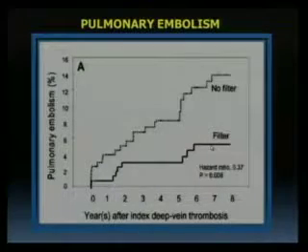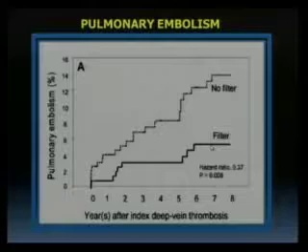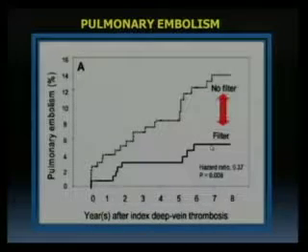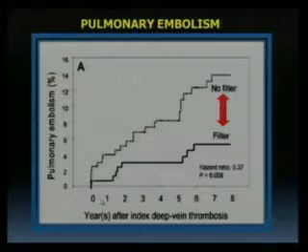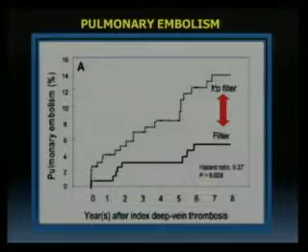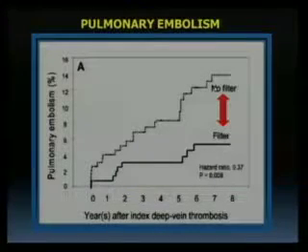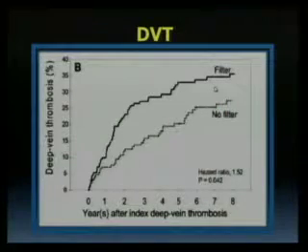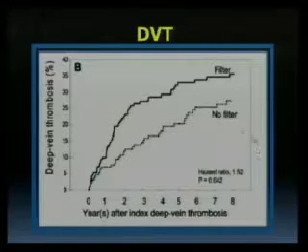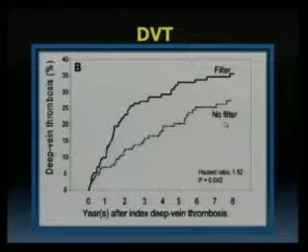When you look at pulmonary embolism, you would see that over time, as you follow it from zero year to 8 years, you would see the clear separation between the two groups. Over time, there is a clear advantage of using the filter regarding prevention of pulmonary embolism. How about DVT? You will see also over time there is a clear difference between the two groups, meaning the DVT is more common among the filter group compared to the no filter group.